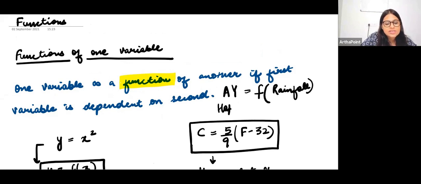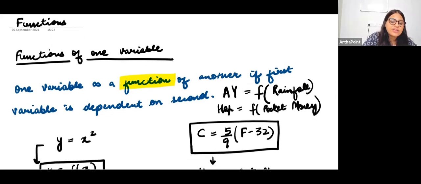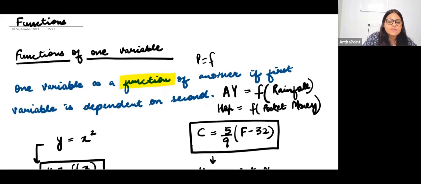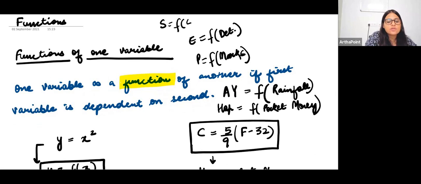Your happiness is a function of your pocket money. Your parents' happiness is a function of your marks. Your educational level is a function of your determination. Salary is a function of gender. I can form as many functions as I want to.